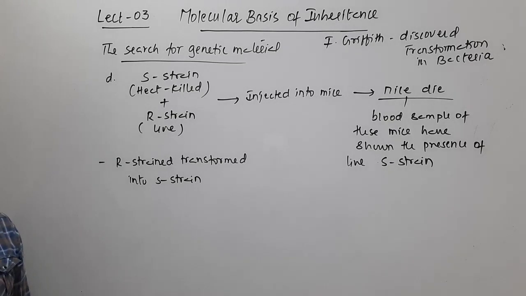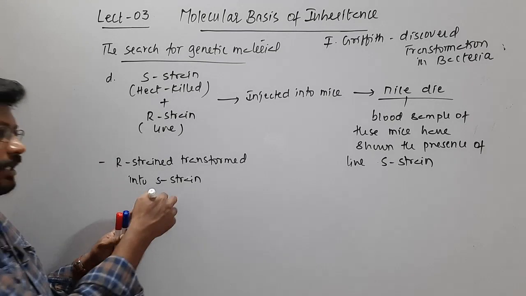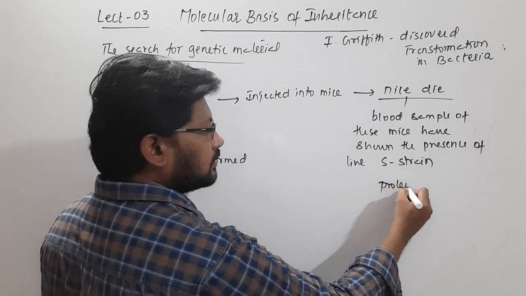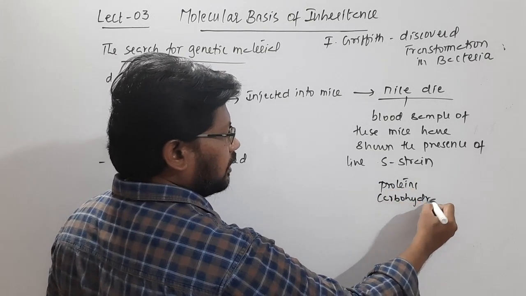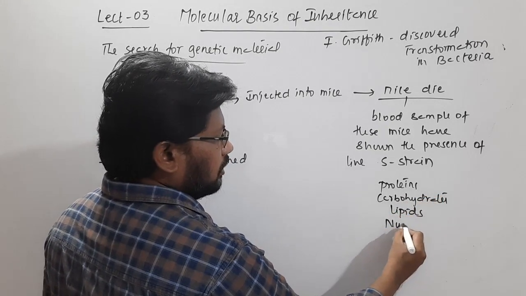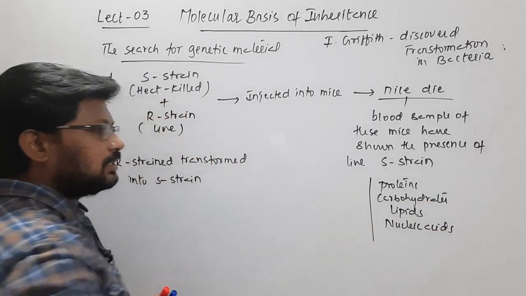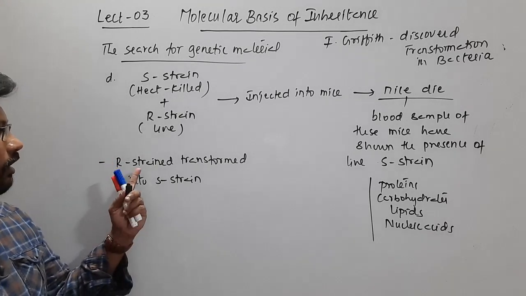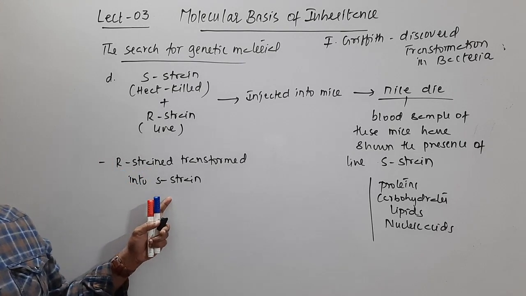But what is it that transformed the R strain into S strain? We know in the case of these bacteria, they are composed of proteins, carbohydrates, lipids, and also nucleic acids. Now, out of all these, which one is responsible for transformation of R strain into S strain?